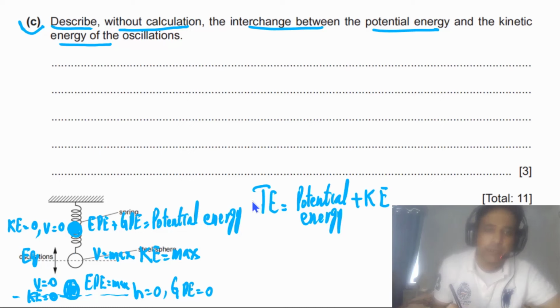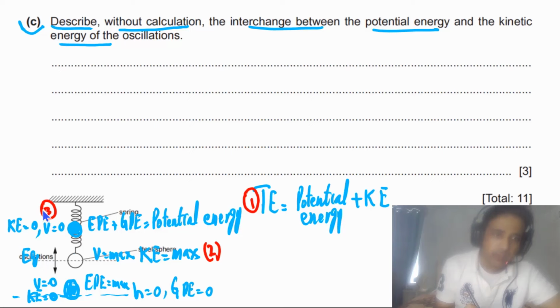If you have understanding of these points, we can write down our answer. In our answer, we can mention this point 1. We can also say kinetic energy is maximum at equilibrium, so this will be the second point. And we can say kinetic energy is 0 at extreme positions, at maximum displacement.